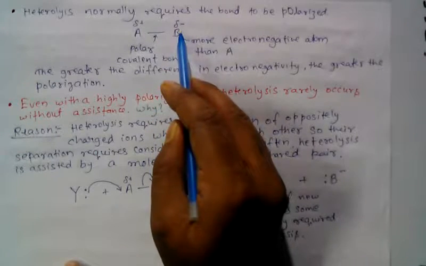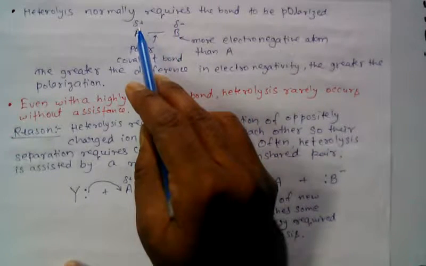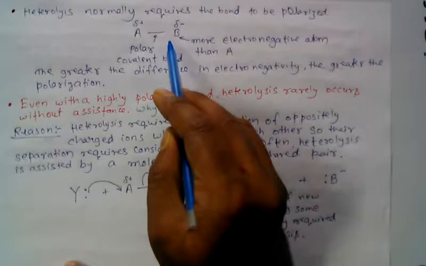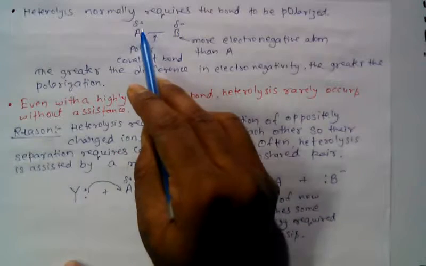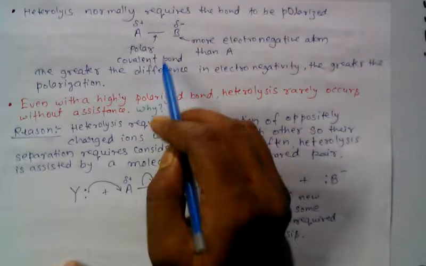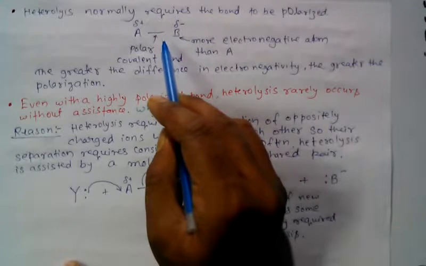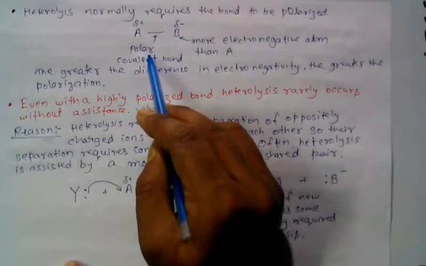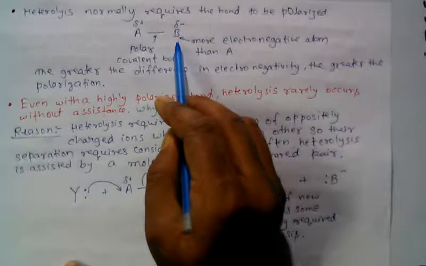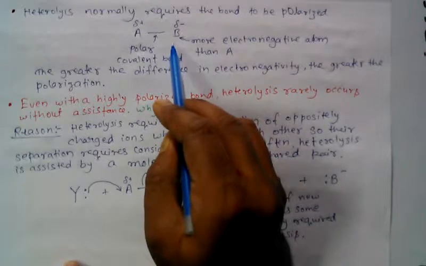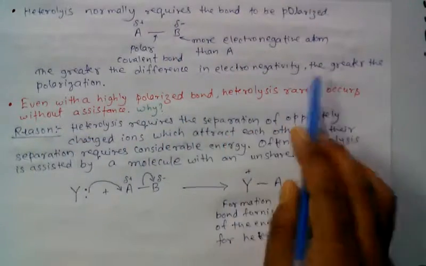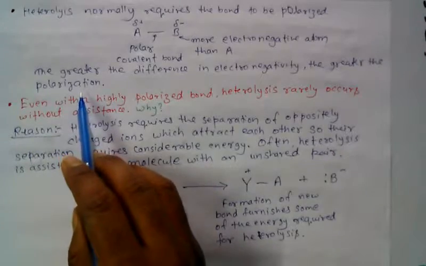So it gets a slightly negative charge and A gets a slightly positive charge because electron density shifts towards B. So we call it partial negative and partial positive charge, and this kind of bond is called a polar covalent bond. For a covalent bond to be polar, the atoms should have a difference in electronegativity. The greater the difference in electronegativity, the greater the polarization.